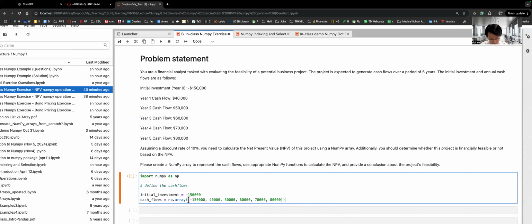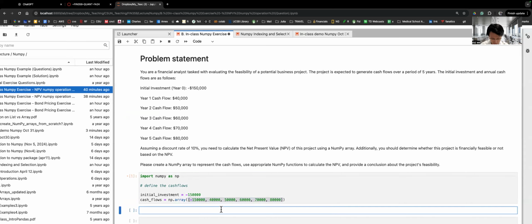Everything within the square brackets is a list. Remember we talked about that. If you look at the type of this data format, it's going to be a list. And if you look at the NumPy array, that will give you the n-dimensional NumPy array.